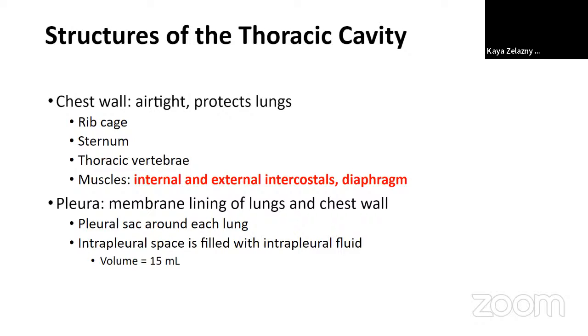So the lung tissue has pushed into the pleural sac, which then creates this kind of folded structure. So we're going to have pleura on the lung itself, and then we're going to have pleura on the chest wall, and they rub against each other. This space is fluid filled a little bit, so that, as we see, it keeps the lungs kind of stuck to the chest wall, but there is a little bit of space in there.